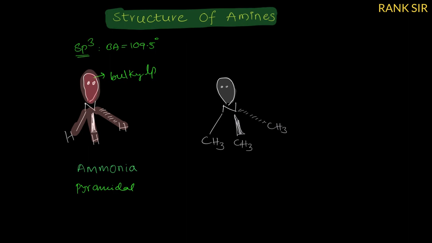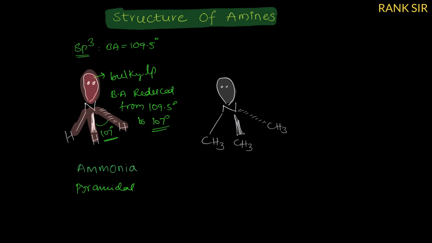Therefore, its bond angle is now 107 degrees. So the bond angle is reduced from 109.5 degrees to 107 degrees in ammonia because of the lone pair.